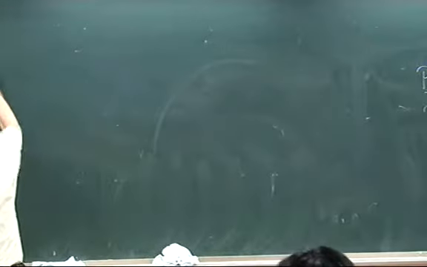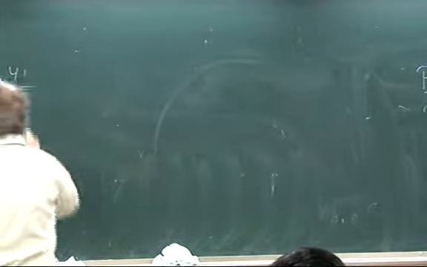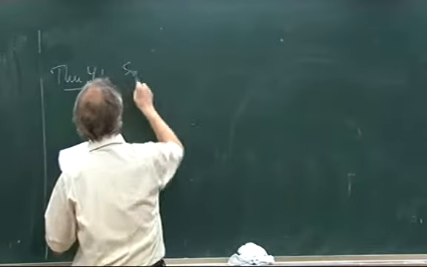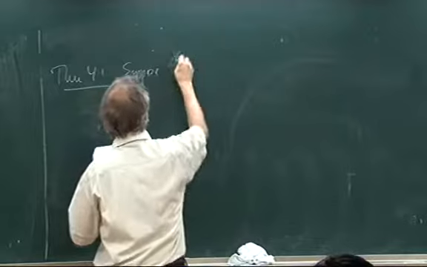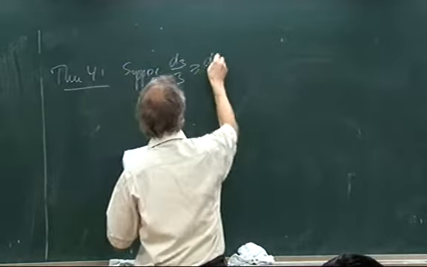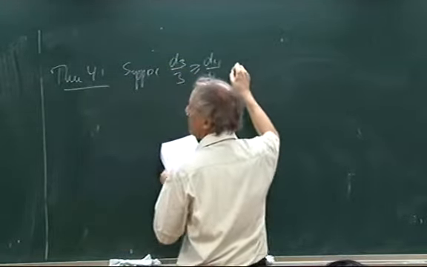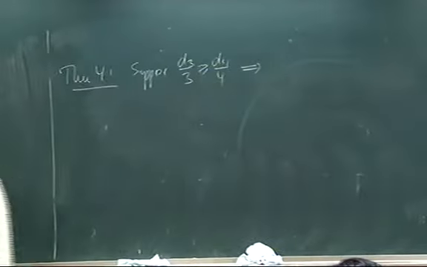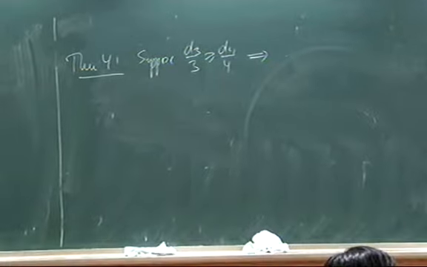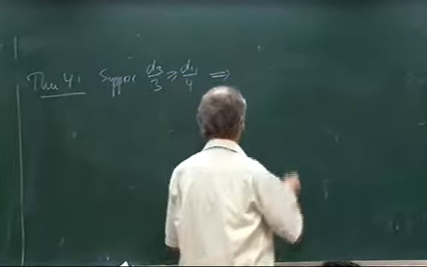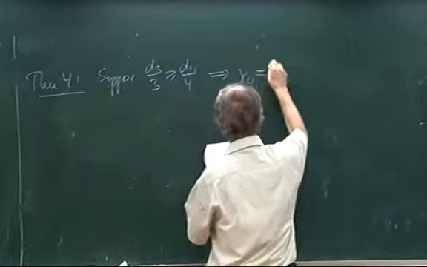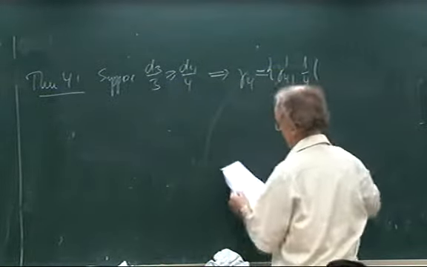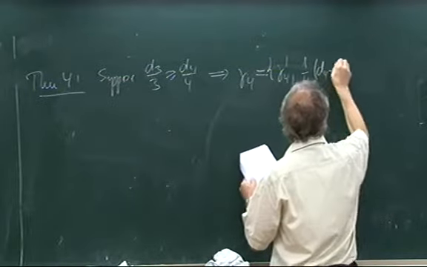Theorem 4, for rank 4. Suppose d3 over 3 is greater or equal to d4 over 4. Then we get gamma 4 is equal to the minimum of gamma 4 prime and 1/4 d4 minus 2.